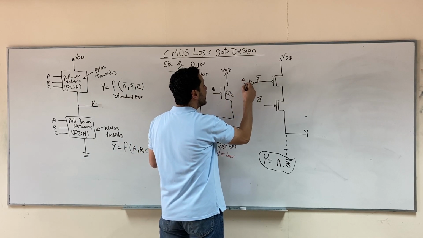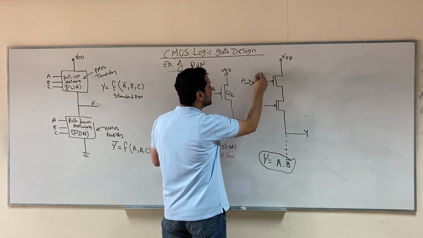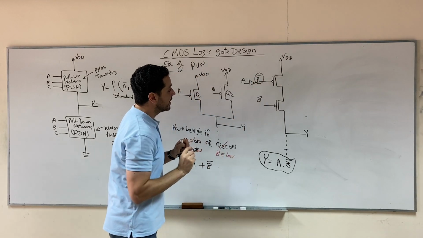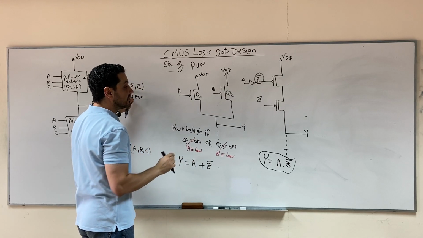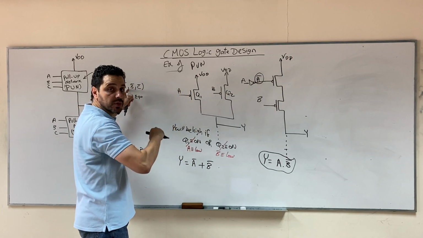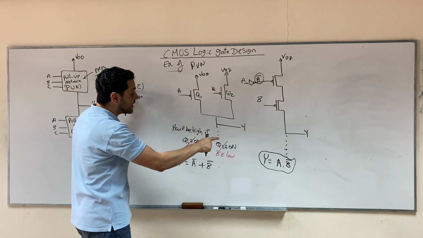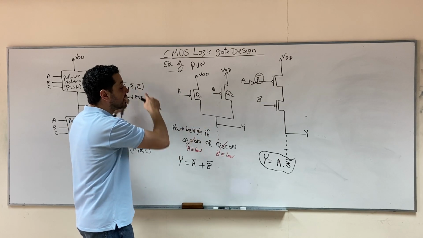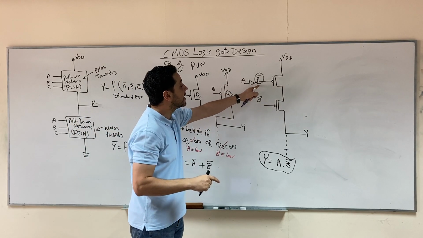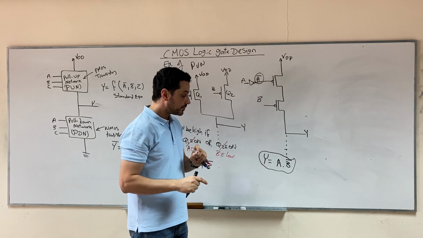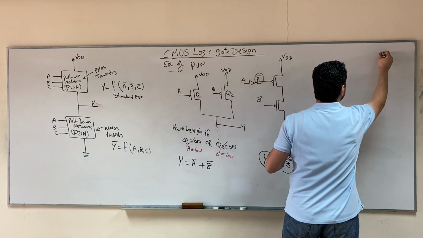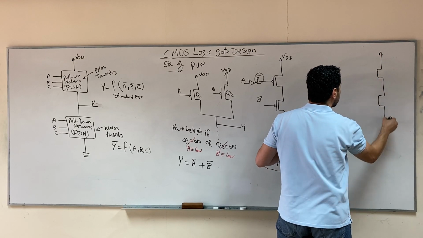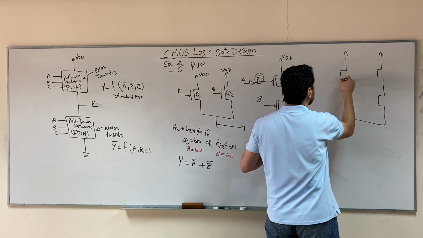So you input A, then you invert it first, and then you input it to the transistor. This applies in both the pull-up network and the pull-down network. If there is a variable that doesn't follow the standard equation, then you have to invert it on the circuit. Okay?